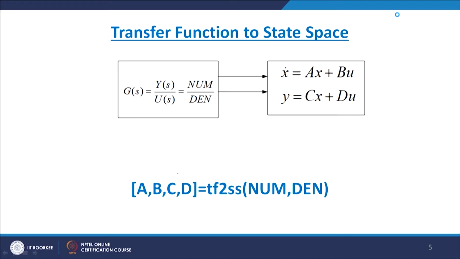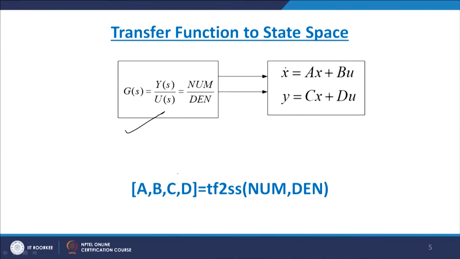Now, another part, transfer function to state space. We have seen earlier that if we have a transfer function model, we can easily convert it into companion form, canonical form, including diagonal form, Jordan form. Now, we want to convert a given transfer function into a state space. This is the transfer function model, and this is the state space SS model.